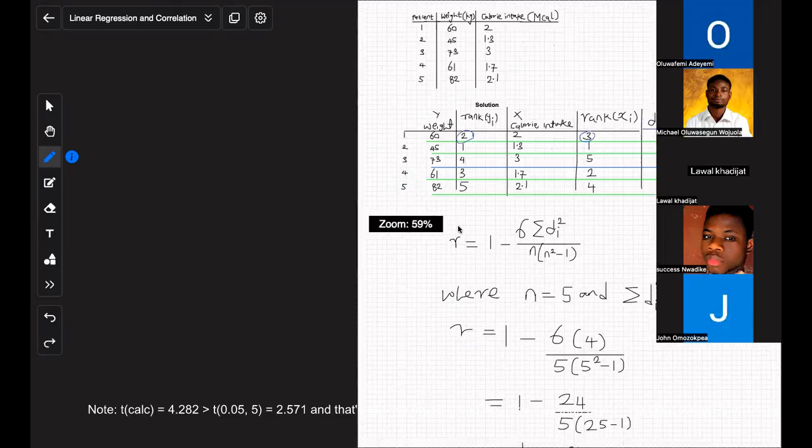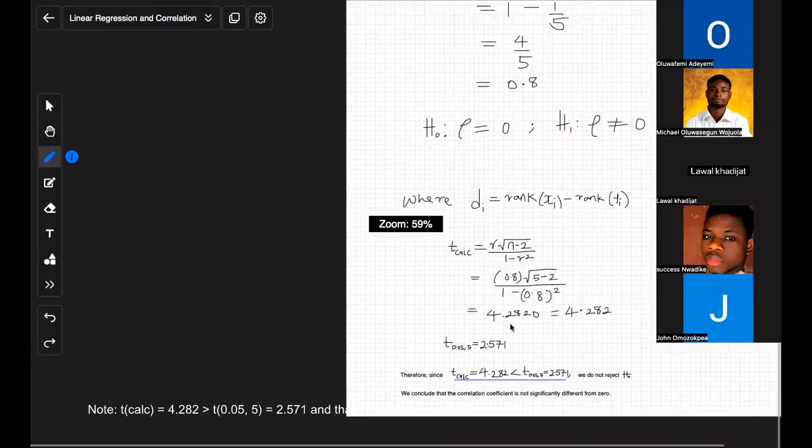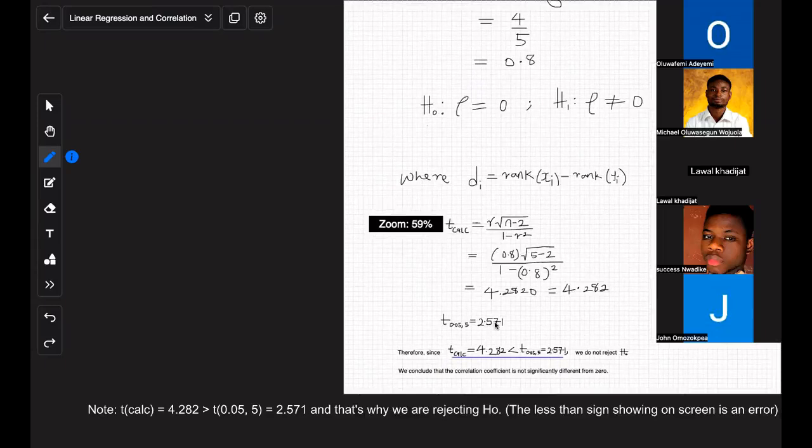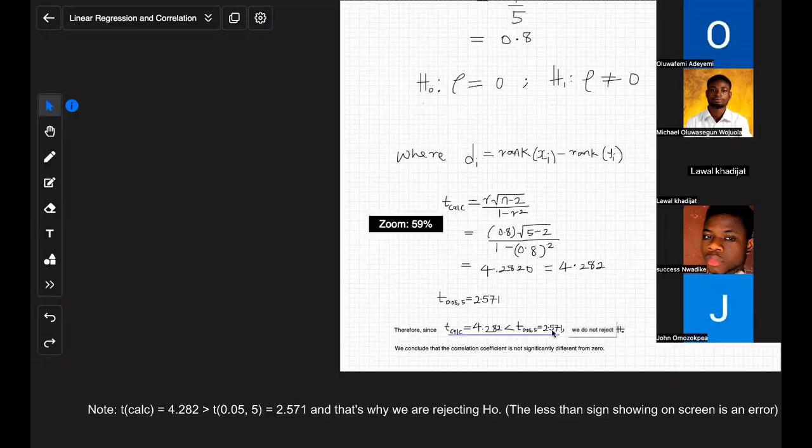All right, so looking at that, we move on. Now when we fix everything, we end up getting 2.571, and because what we calculated is greater than the table value, we are going to reject H0. We reject H0, and we conclude that the correlation coefficient is significantly different from 0.